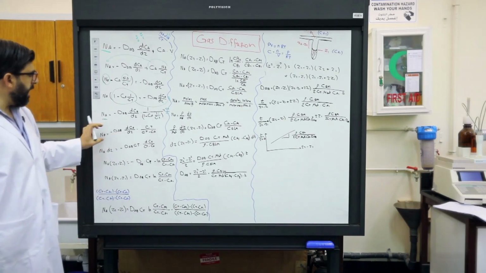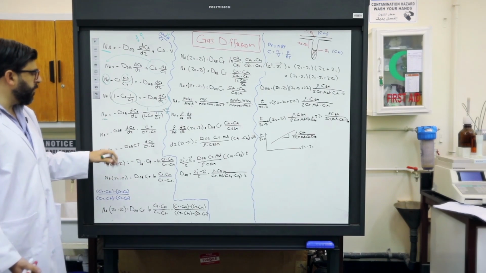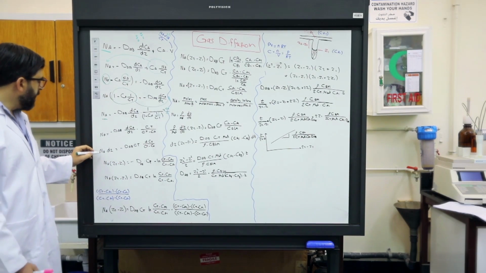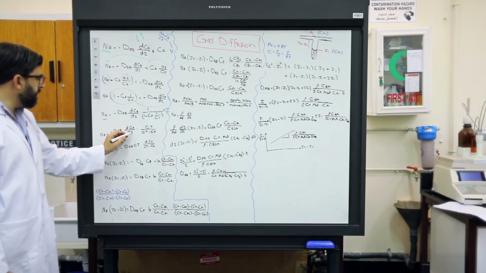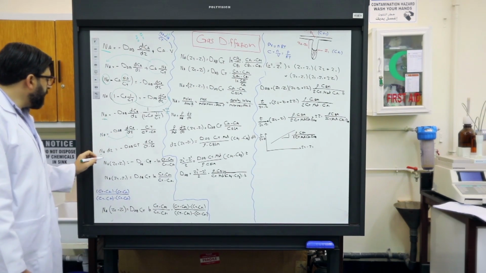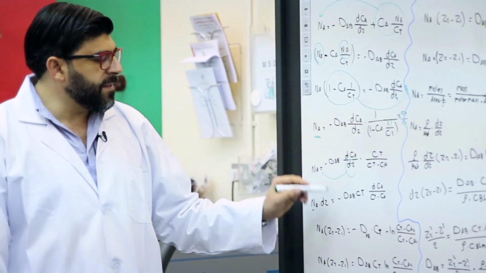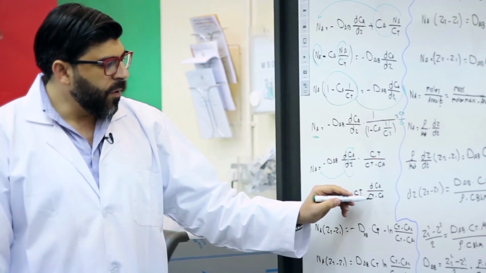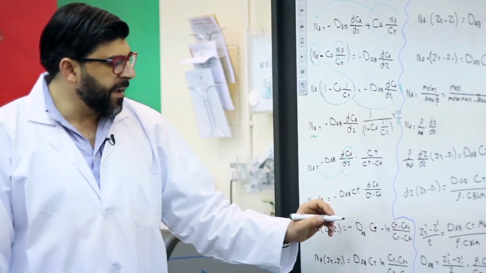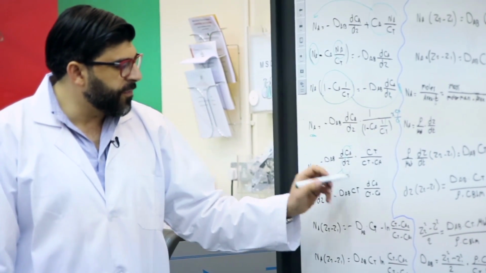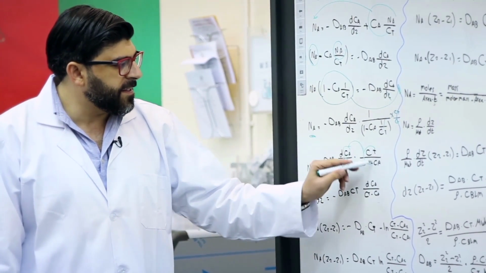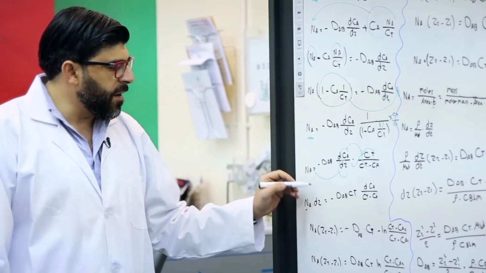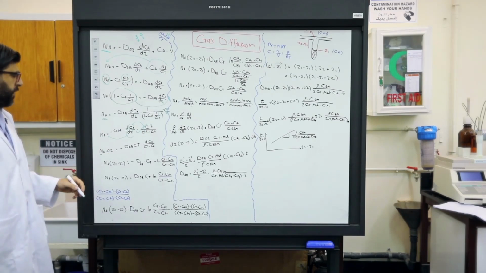So now I can integrate this equation, but before integration let's do some arrangement. N_A times dz equals minus D_AB C_T dC_A over (C_T minus C_A). I just moved C_A to this part, C_T to this part, and dz here to make the integration.